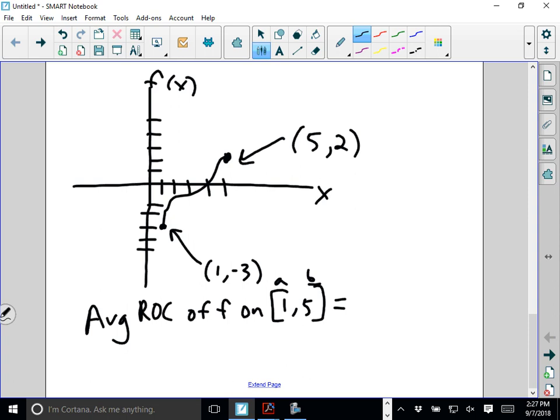F of B, f of 5 would be 2, minus f of 1 would be -3, so 2 minus -3 over B minus A, which would be 5 minus 1.